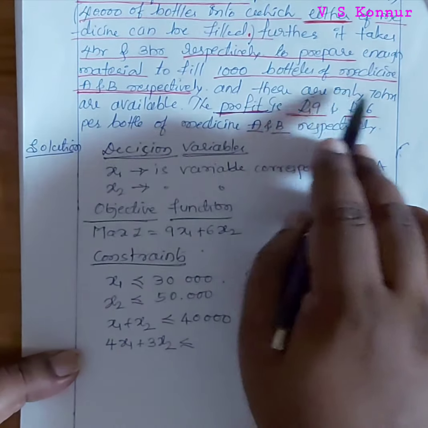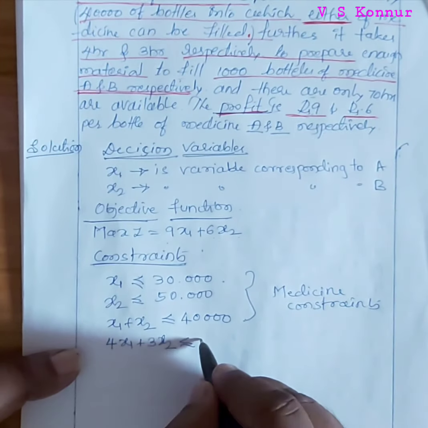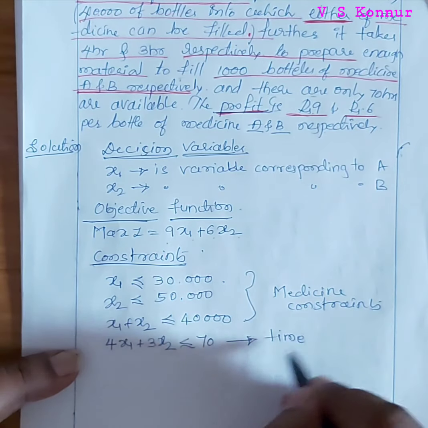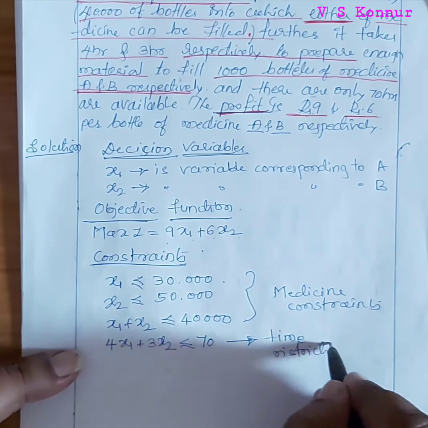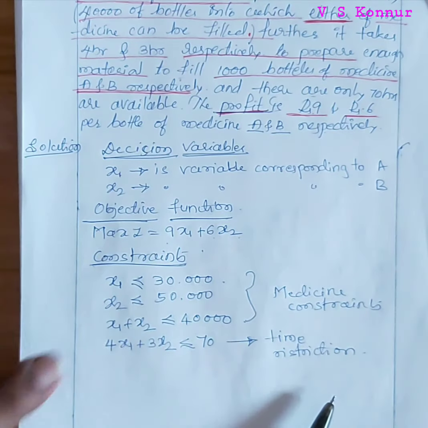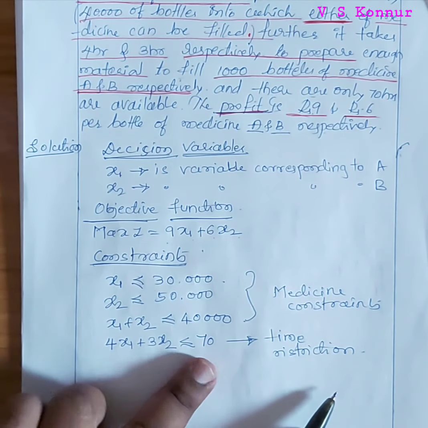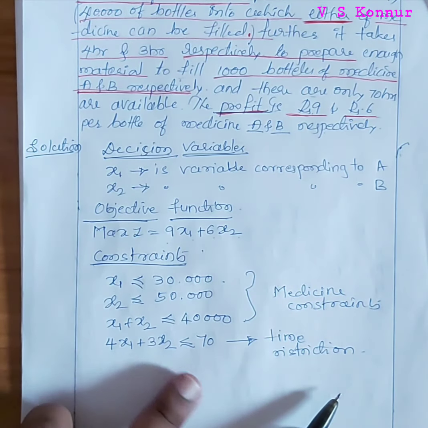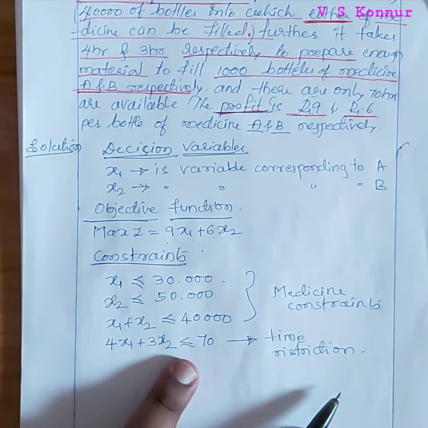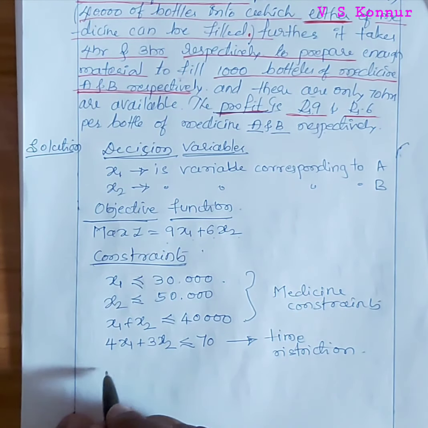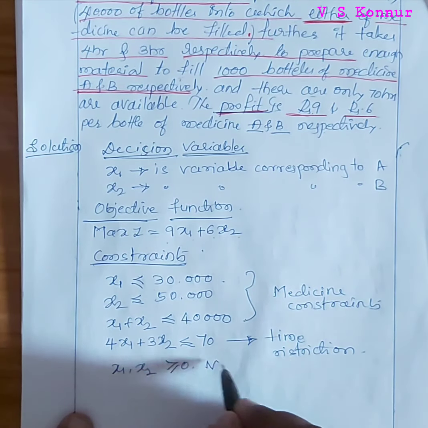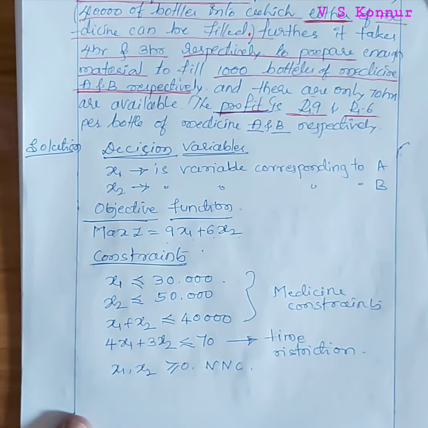And there are only 70 hours available. This is a time restriction. Clear? 4x1 plus 3x2 less than or equal to 70. This is the time restriction. Last but not least, x1, x2 greater than or equal to 0. That is nothing but the non-negativity constraint. So this is how you have to solve the formulation of LPP.